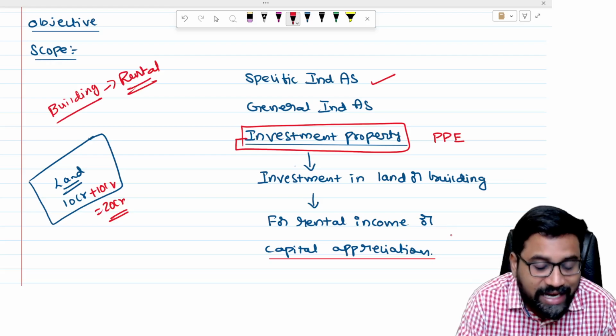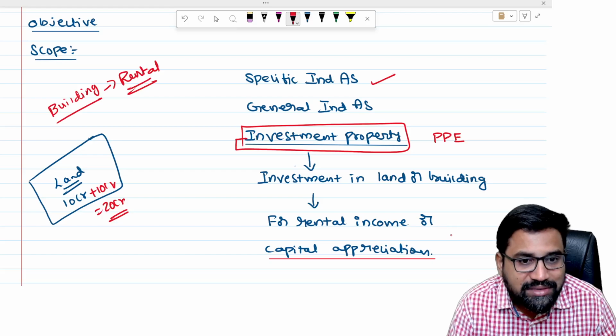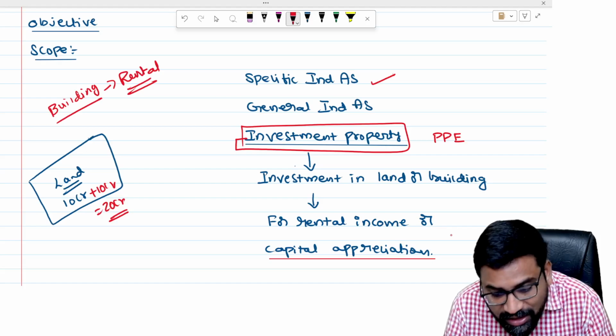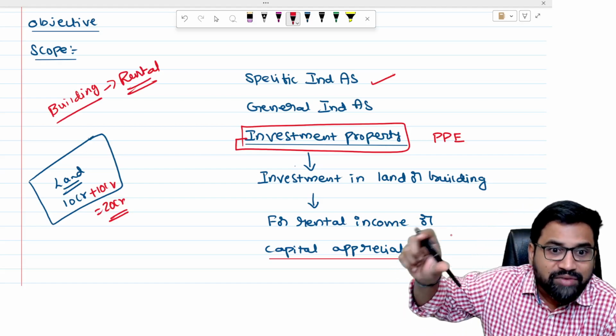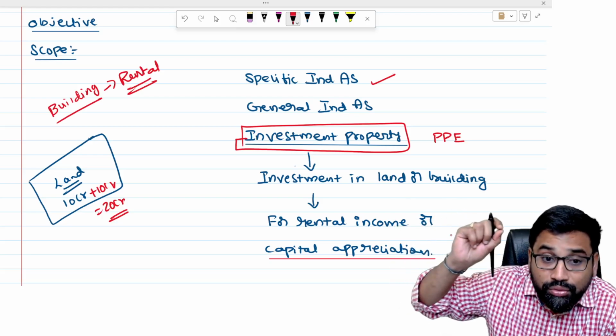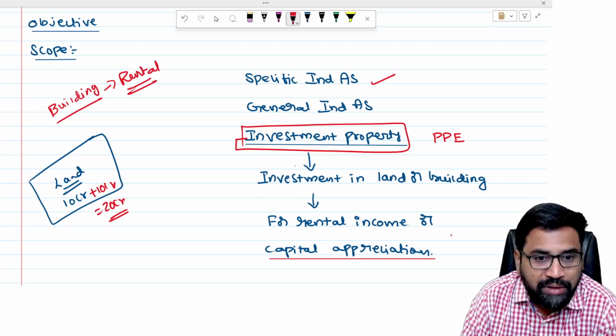You hold it for rental to others and you are expecting to use it for more than 12 months, more than one accounting period. Therefore, definitely the investment property, which means either the land or building, is also satisfying the definition of PPE.